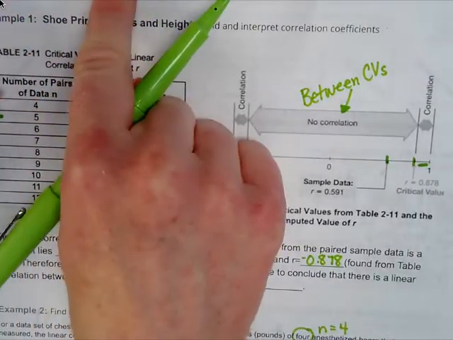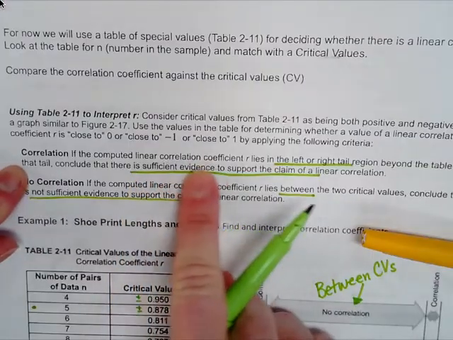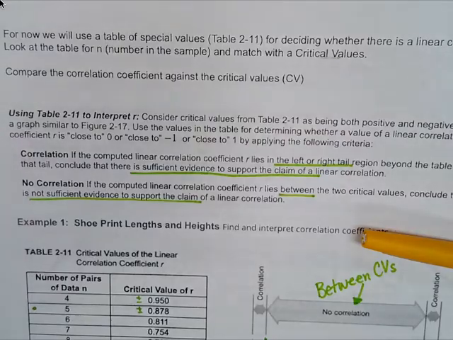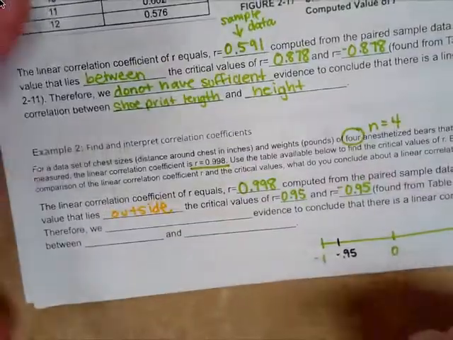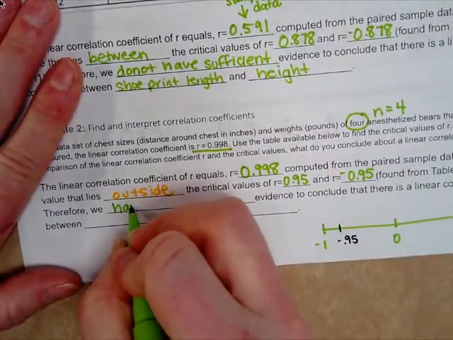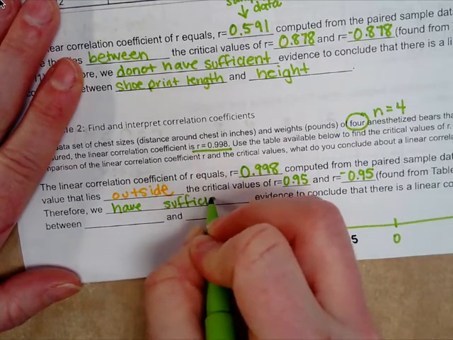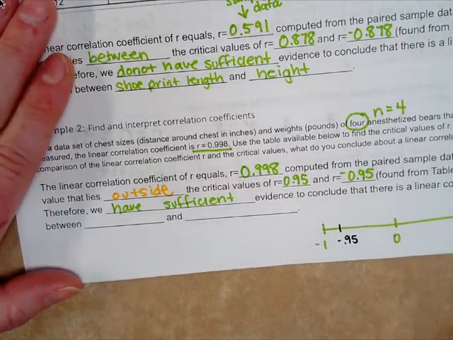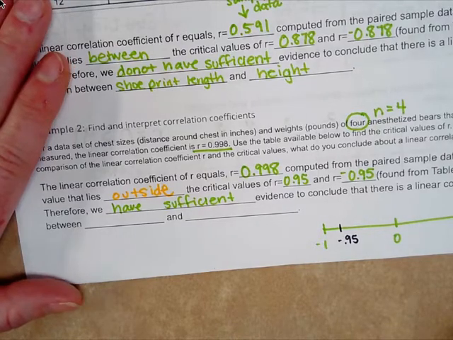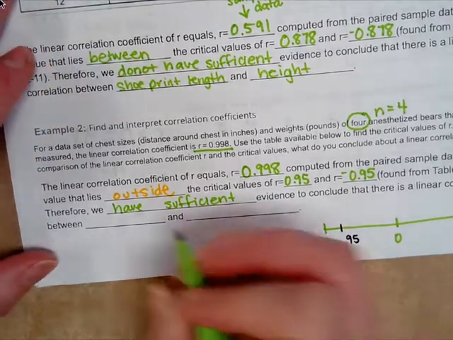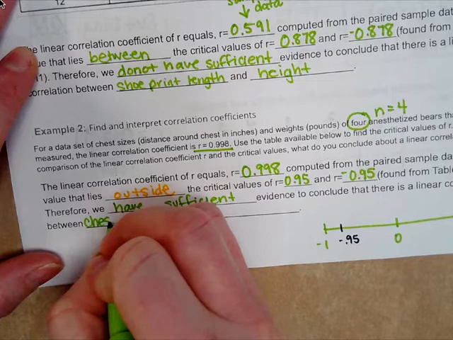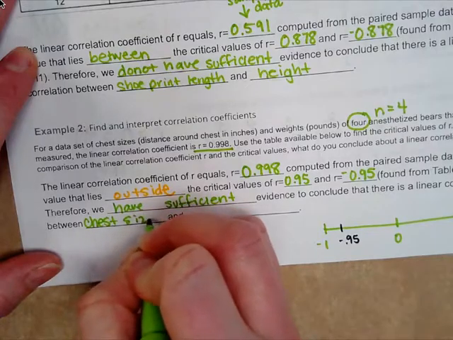Yep. We have sufficient evidence to support the claim that it's a linear correlation. So therefore, we have sufficient evidence to conclude that there's a linear correlation between chest size and weight.